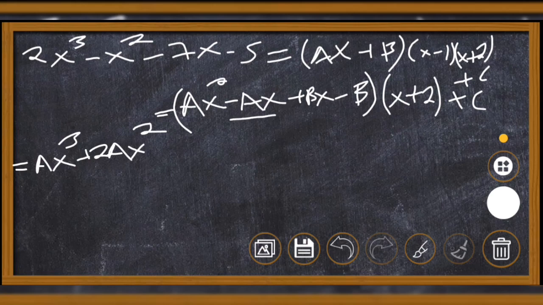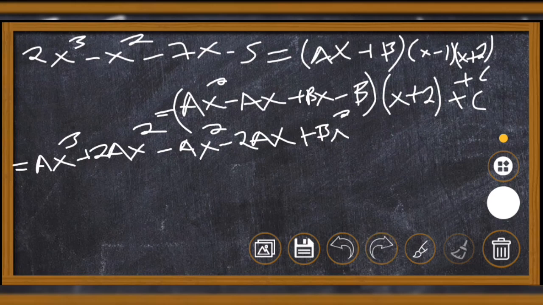So let's go for negative ax. Negative ax multiplied by x, we're going to have negative ax^2. And then negative ax multiplied by 2, it's negative 2ax. Okay, then let's come to b here. So bx multiplied by x, we are going to have bx^2, and then bx multiplied by 2, we are going to have 2bx.